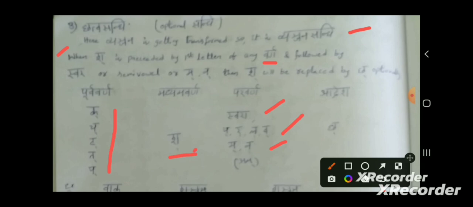This middle letter, that Shakara, will be replaced by Chakara.